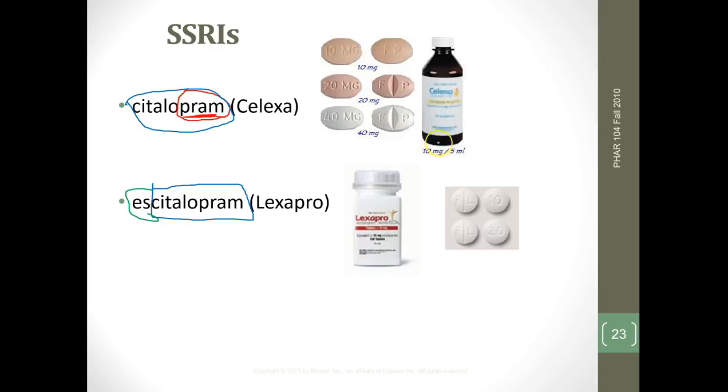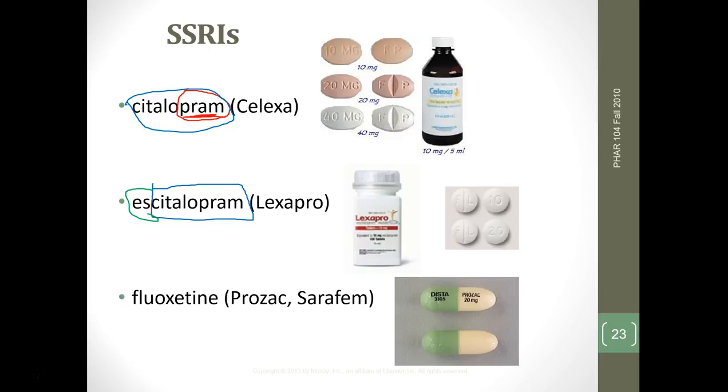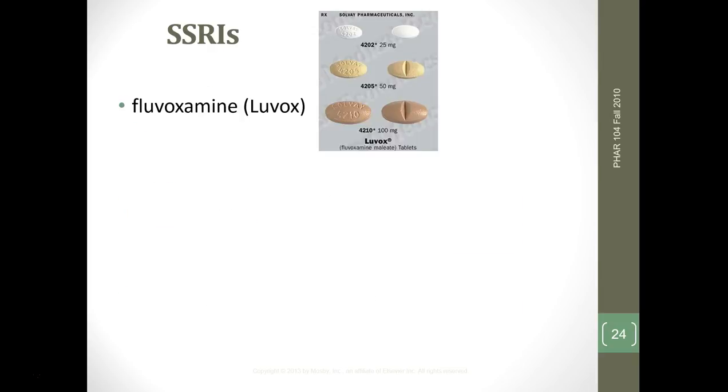So here are the labels. Celexa comes in tablets and also in an oral solution, and Lexapro comes in tablets. Then we have fluoxetine, which is Prozac or Sarafem. Fluvoxamine, Luvox.